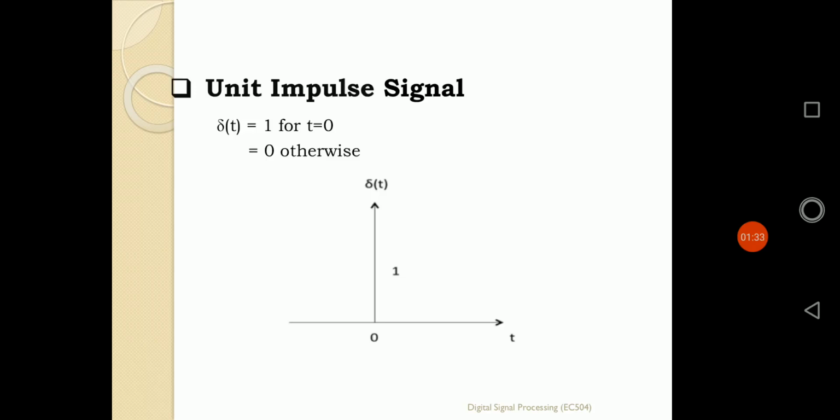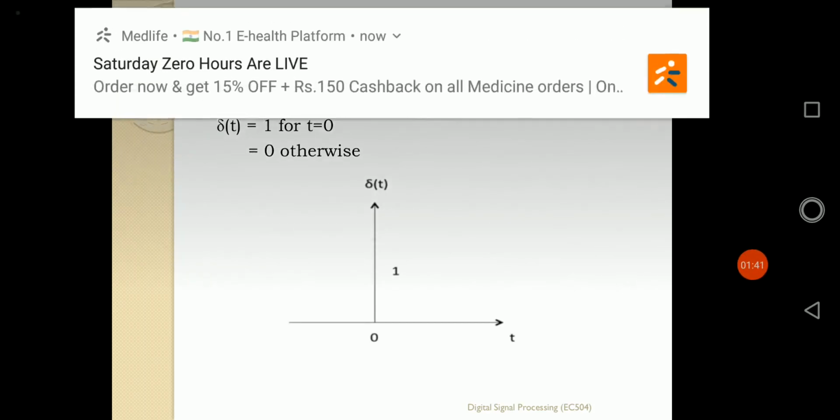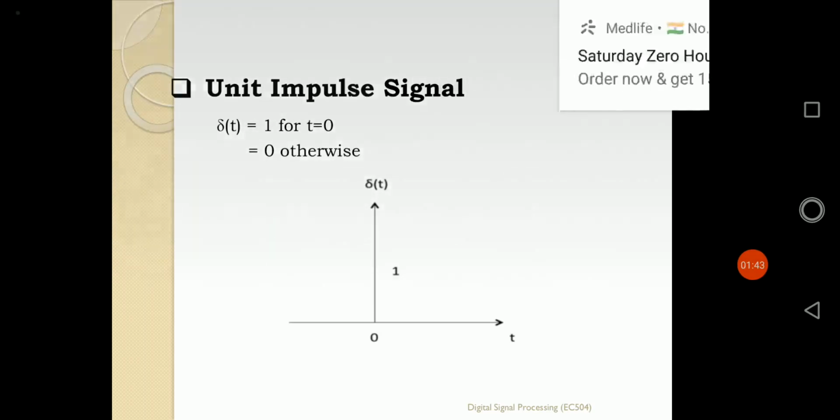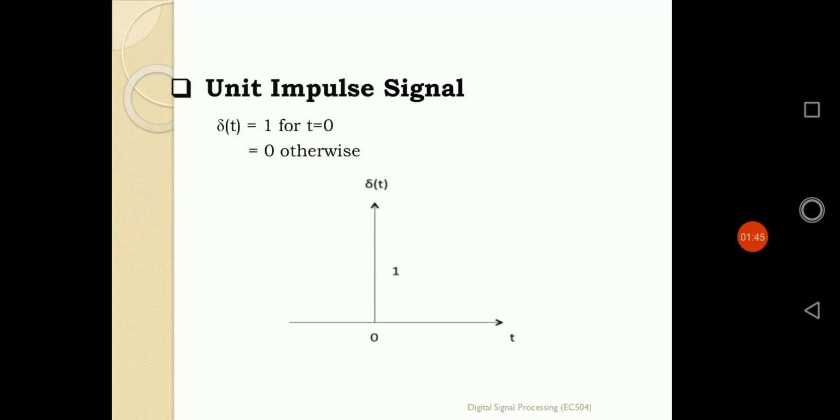That means only at a single point, the origin, at t equals 0, it has a value of unity. That's why it is known as unit impulse function. Otherwise, for any other values of time, the unit impulse function has an amplitude of 0. At a single point, an impulse is there.